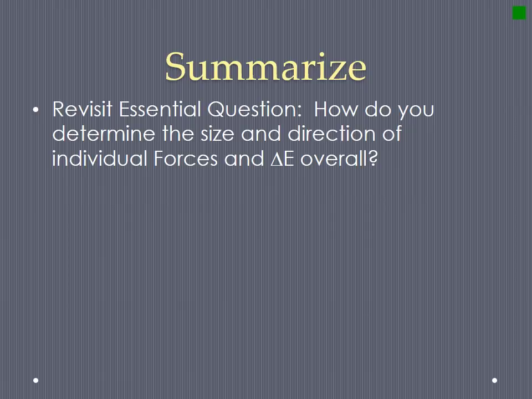We can then analyze the object and identify any forces acting upon it. We can then look and see which forces are equal and opposite, canceling each other, and see if the overall system is gaining energy or losing energy based upon the sigma of all forces present on the diagram. Good luck.